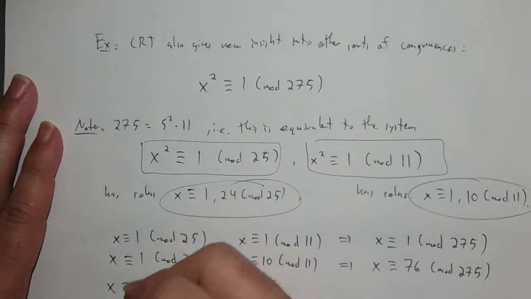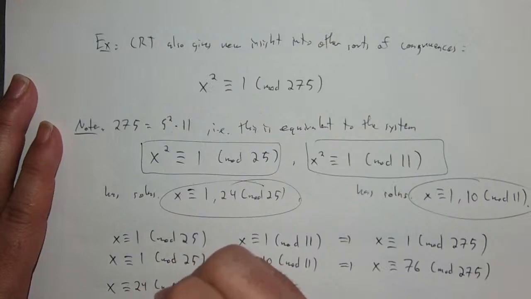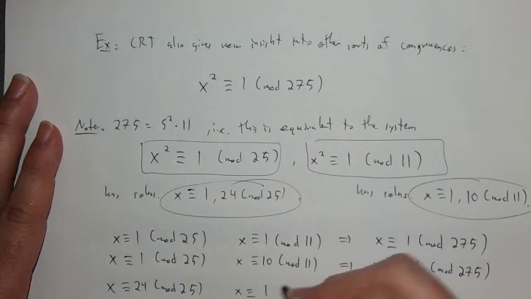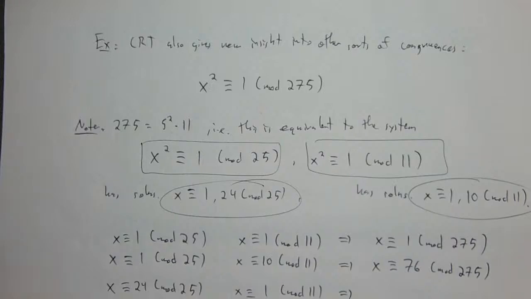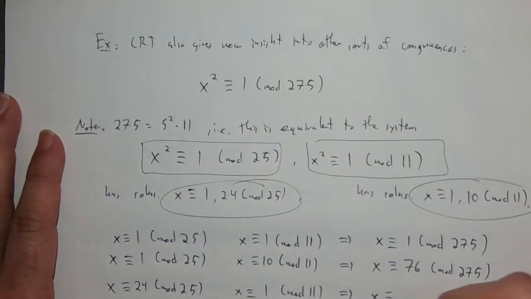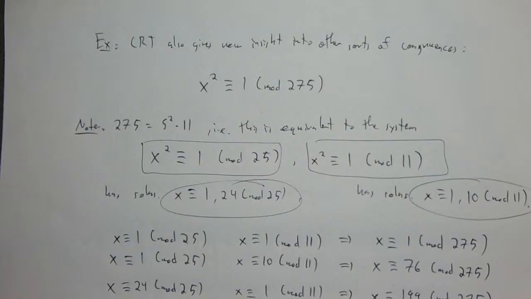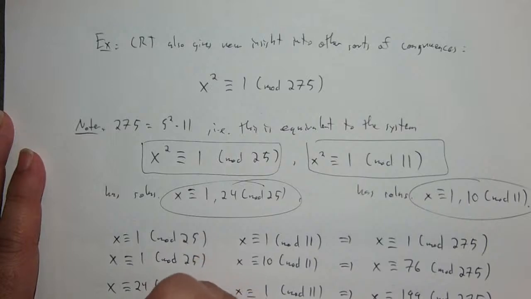Next, x is congruent to 24 mod 25, and x congruent to 1 mod 11. So that gives me x congruent to 199 mod 275. For each of these, you can use the special case of the Chinese remainder theorem, the theorem that I stated before. And then lastly, x congruent to 24 mod 25, and x congruent to 10 mod 11.